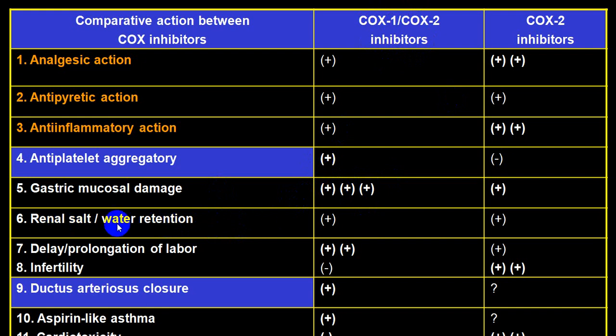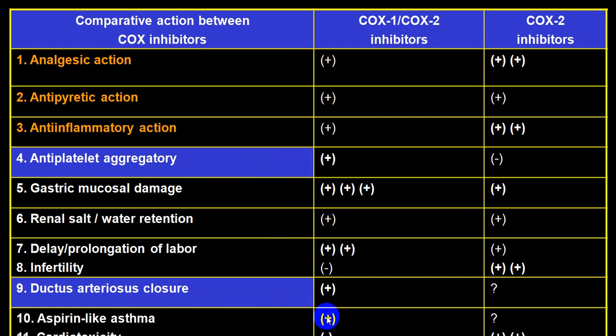CKD, as far as salt and water retention is concerned, is equal in both. As far as effect on the uterus is concerned, prolongation of labor, delayed labor will be very common with non-selective COX inhibitors. Ductus arteriosus closure will be by indomethacin and by aspirin. Aspirin will induce asthma.